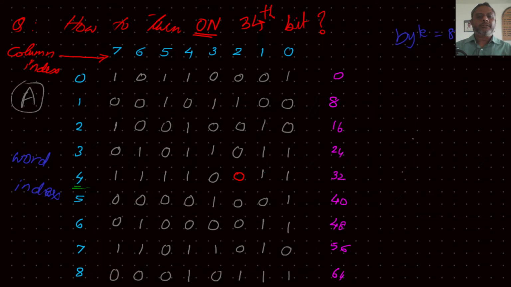Depending on the size of the memory, multiple words are allowed to be stored, so the indices for those are given by 0, 1, 2, 3, and so on. If you look at this carefully, the 0th bit is available at this position.